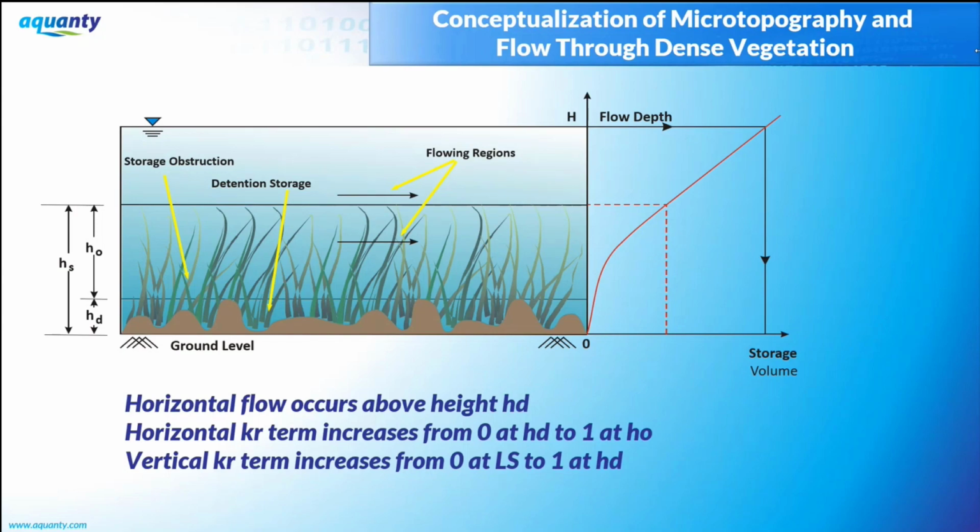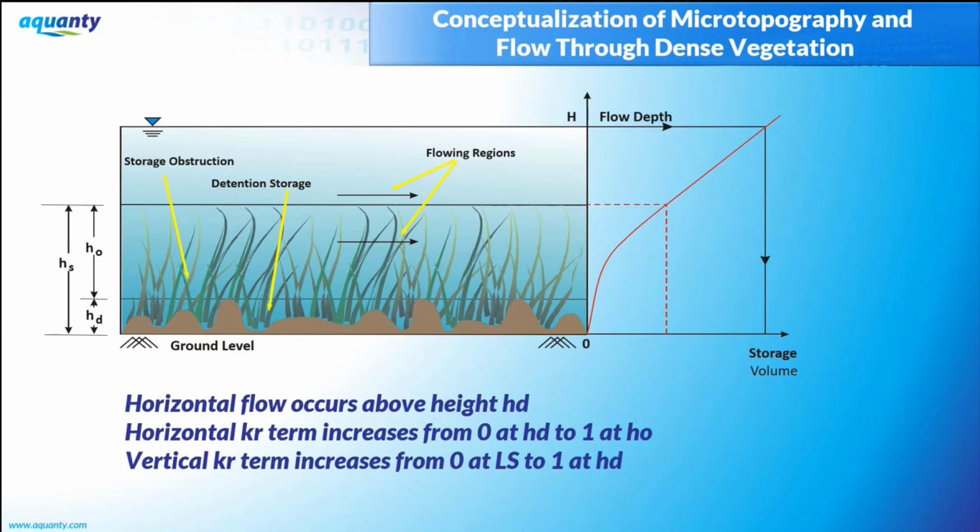Once you go above the height of the microtopography, there's still an impedance to flow because of the presence of vegetation. And then finally, if you go above the vegetation, it's sort of a free flow. So we can control the horizontal flow above these various heights and also use a relative permeability term to control the resistance to flow.